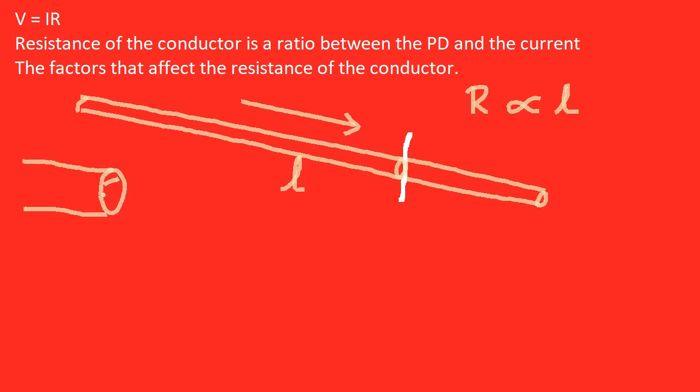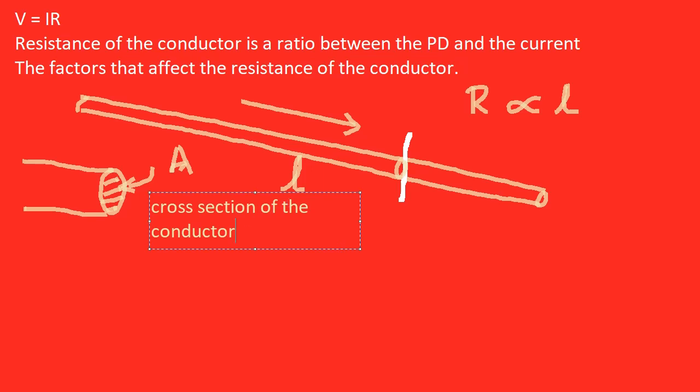And this area, the thickness of the wire, let us call it A. This area is known as the cross section of the conductor. So how is the resistance related to the cross section of the conductor?